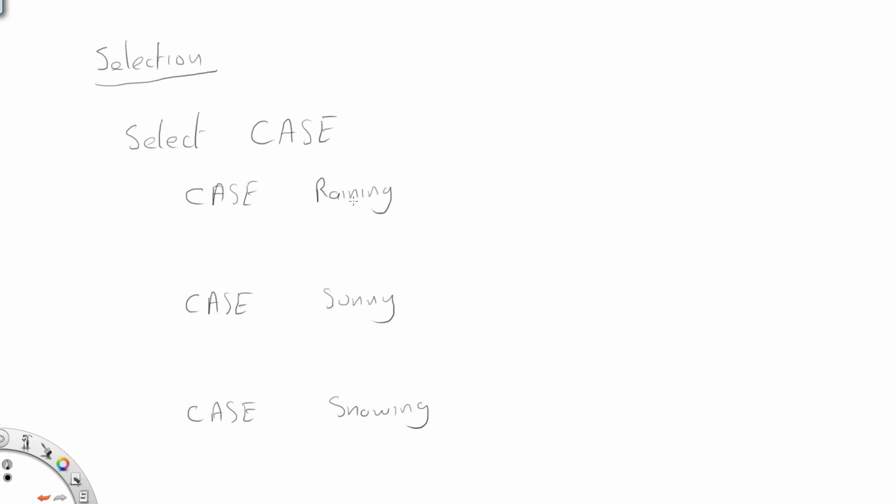So we will select this case if it's raining: put on raincoat. If it's sunny, we will say put on sunblock. And if it's snowing, we will say put on snowshoes.